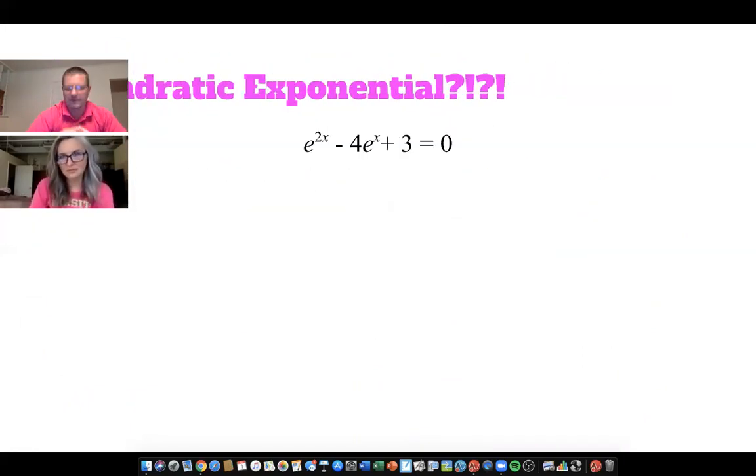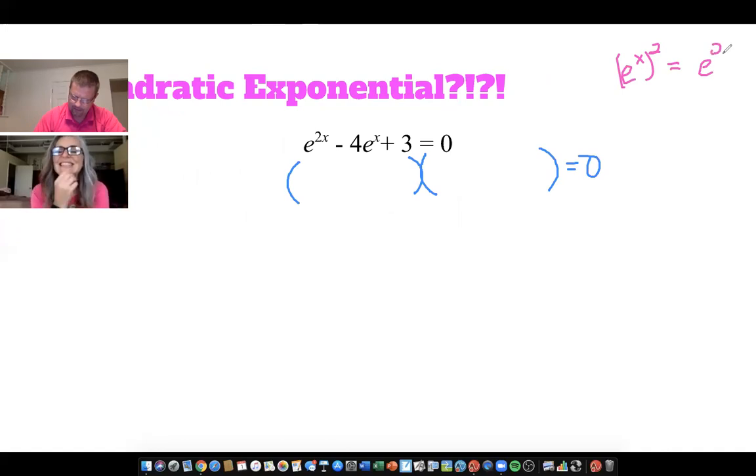If I have e to the x squared, that's e to the 2x, isn't it? It is. So that middle e to the x, if you square it, it's what's out front. So we're going to factor this in terms of e to the x.